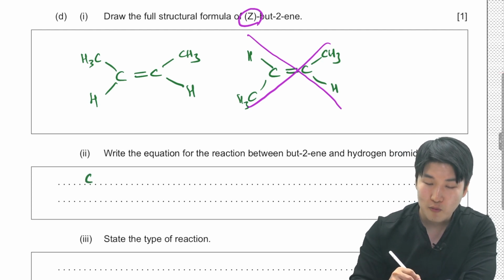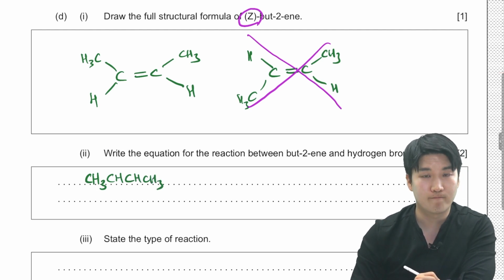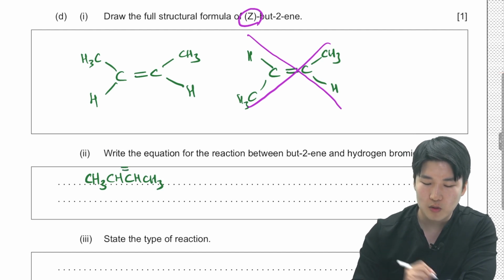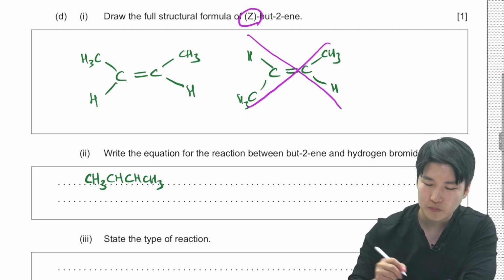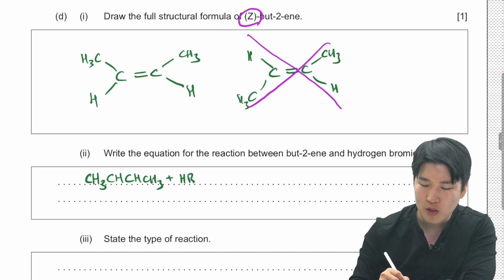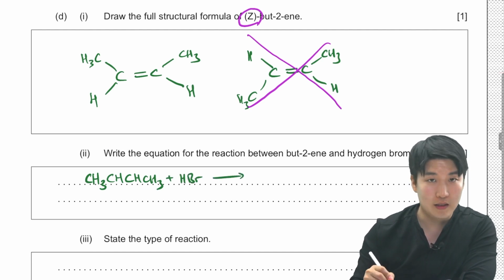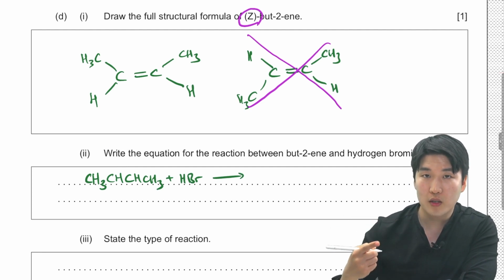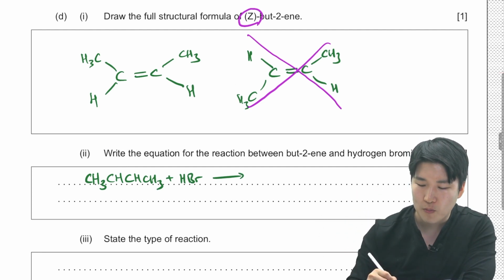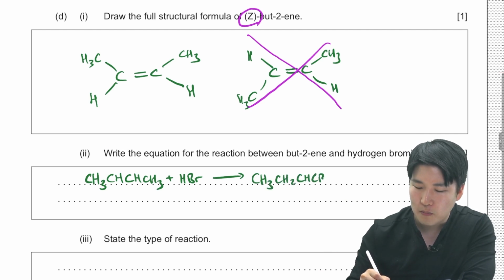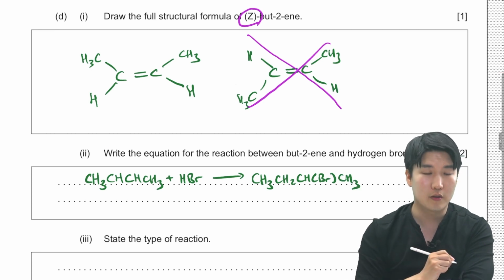But-2-ene can be represented in condensed structural formula as CH3CHCHCH3, where there is the double bond between the second and the third carbon, plus hydrogen bromide, which would lead to the hydrogen bromide being integrated into our but-2-ene to become CH3CH2CHBrCH3.